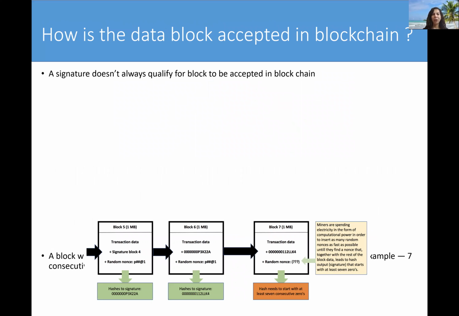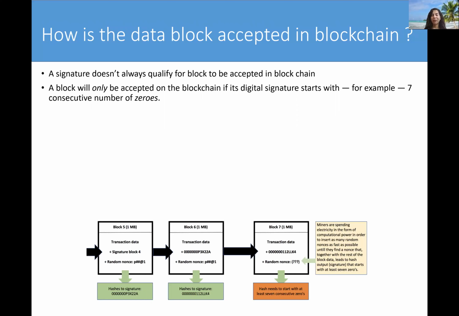So how is a block accepted? It's actually based on the computational power of the parties involved. In fact, every 10 minutes or so, this acceptance of the blocks can occur, and these signatures can be accepted.